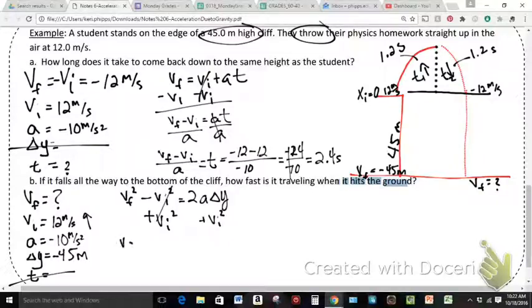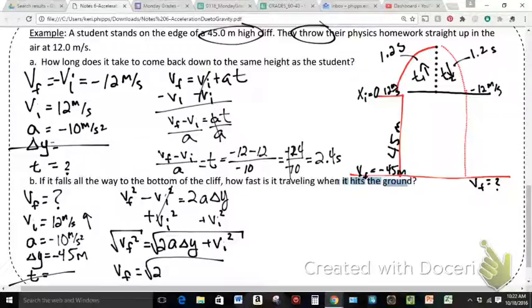And we're left with final velocity squared is equal to 2a, acceleration times our delta y, plus initial velocity squared. What I do now is I'm going to square root it because I do not want final velocity squared. I just want the final velocity. So final velocity is equal to the square root of double my acceleration and my vertical displacement plus the value that is my initial velocity squared.